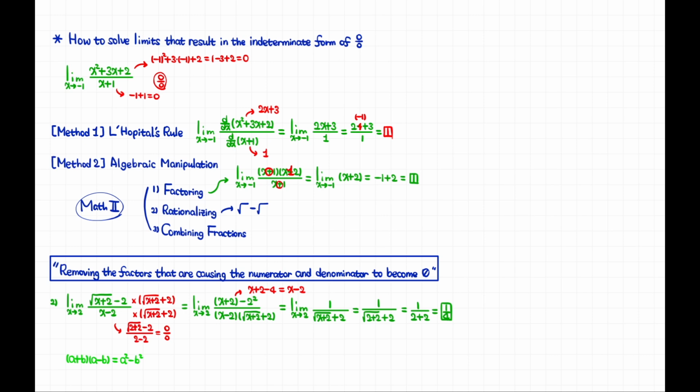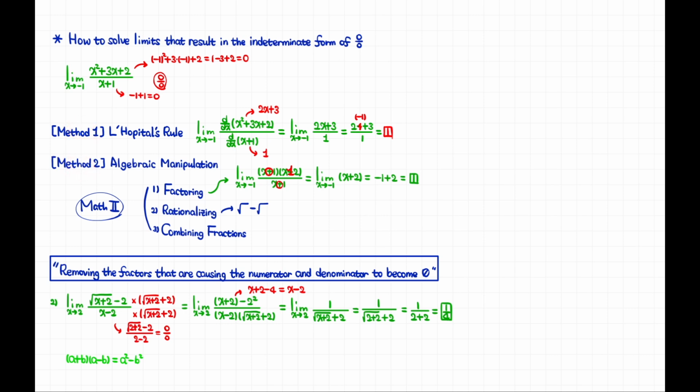And let me just clarify something real quick. Although I listed combining fractions as part of method 2, honestly, I think it makes more sense to treat this step as a kind of universal pre-step for both method 1 and method 2.